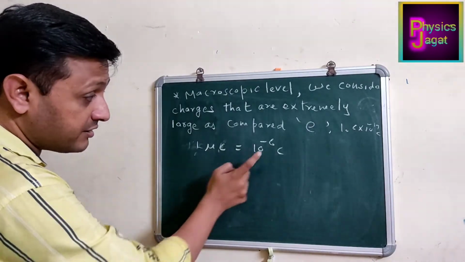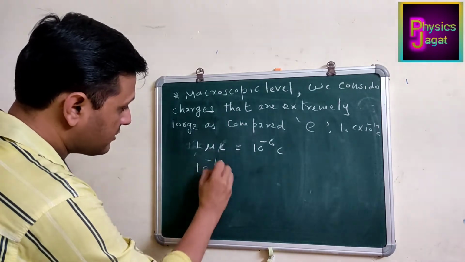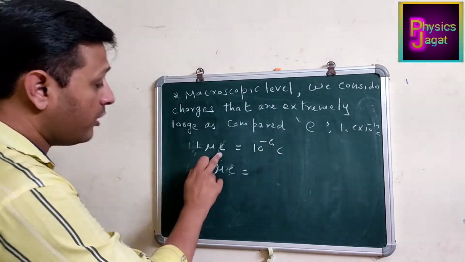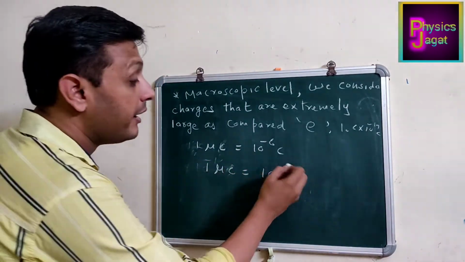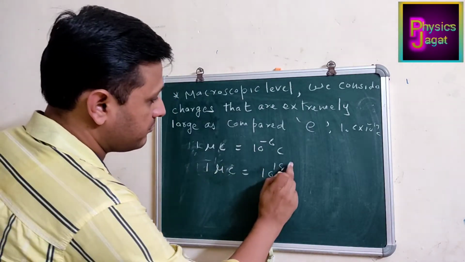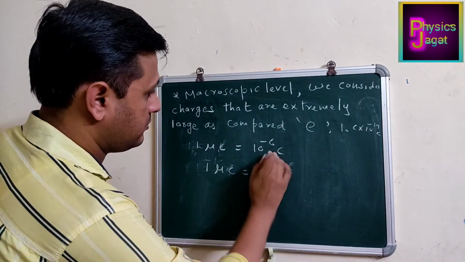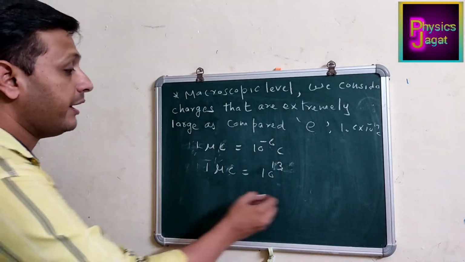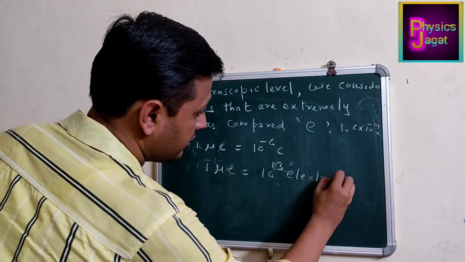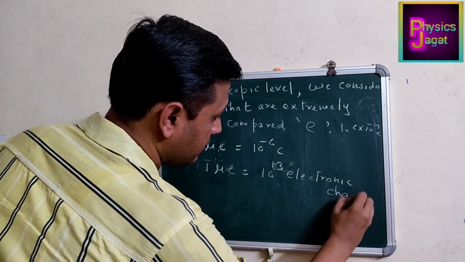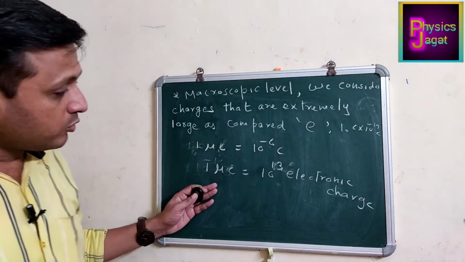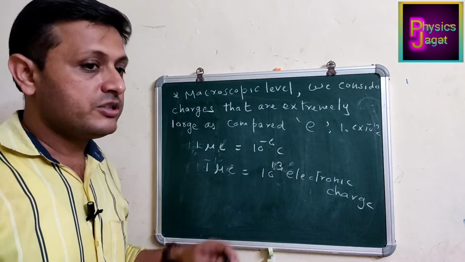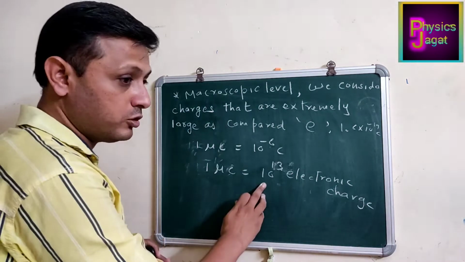But how much electronic charge does it contain? 1 coulomb contains approximately 10 to the power 18 electrons. So 1 microcoulomb, 18 minus 6, contains approximately 10 to the power 13 electronic charges. That means 1 microcoulomb has that many electrons, which is still not a small number; it is also a huge number.